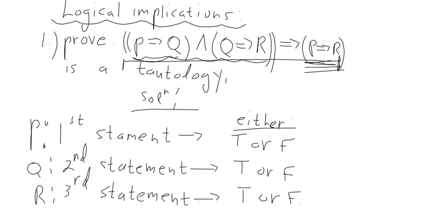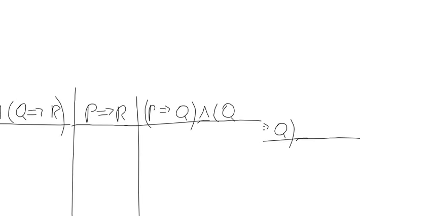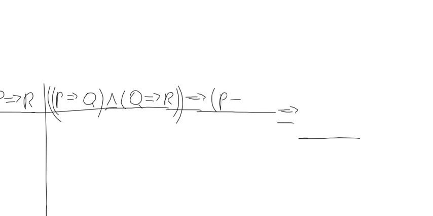So P implies Q and Q implies R. We show that this whole thing implies that P implies R.